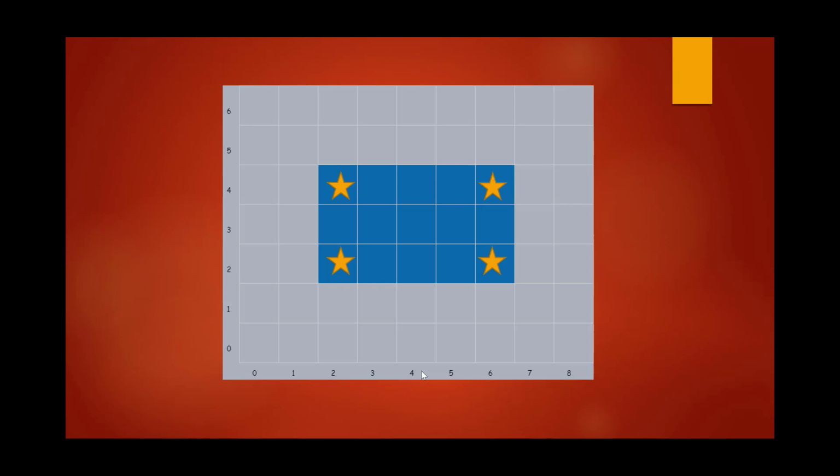So maybe the corners of the rectangle might be interesting for us, but perhaps more interesting would be cells that are right next to, adjacent to the corners of these rectangles. And if we can do this kind of stuff, then a whole bunch of other cell calculations become pretty easy. It's just more of the same.